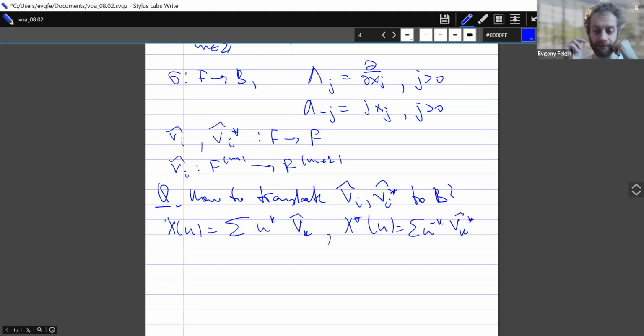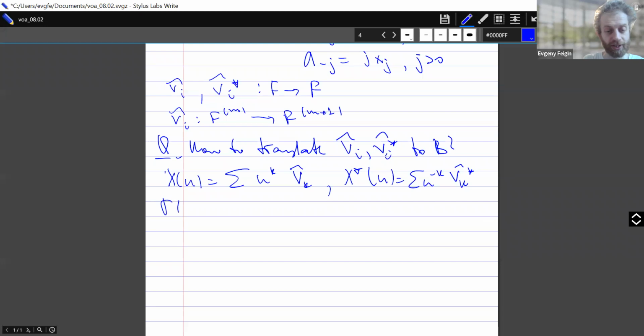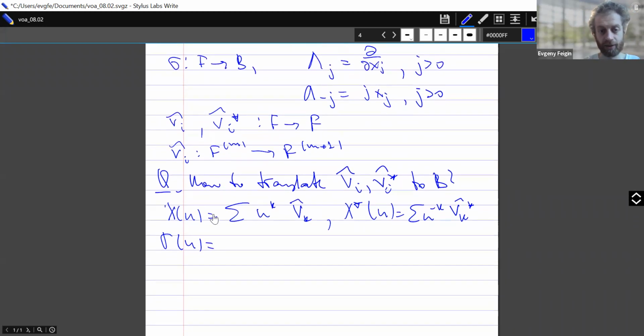And then instead of translating a single operator to B, we are going to translate the whole generating series. So we say that gamma of u is sigma inverse psi of u sigma.